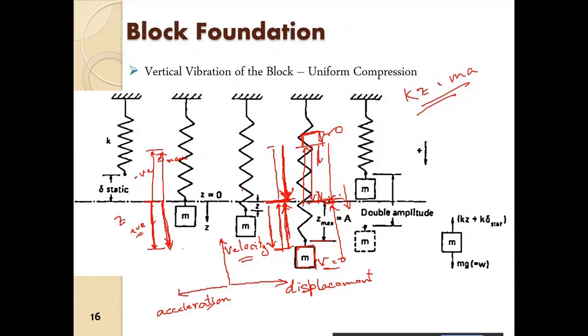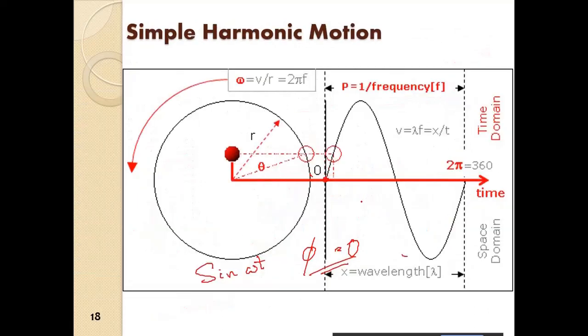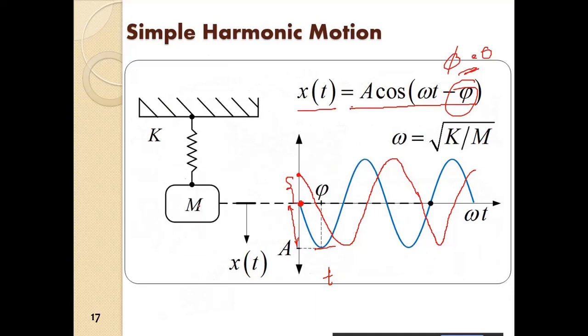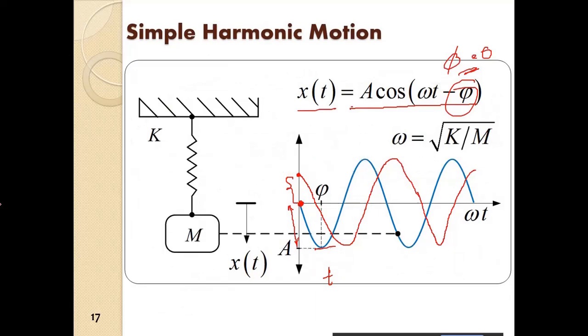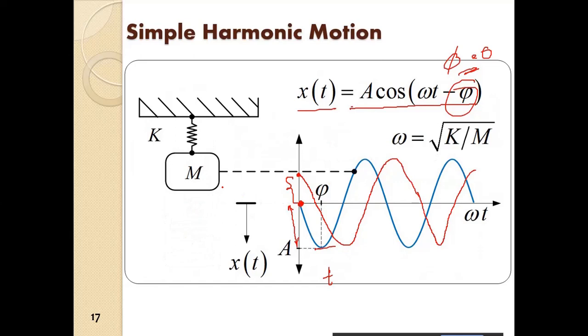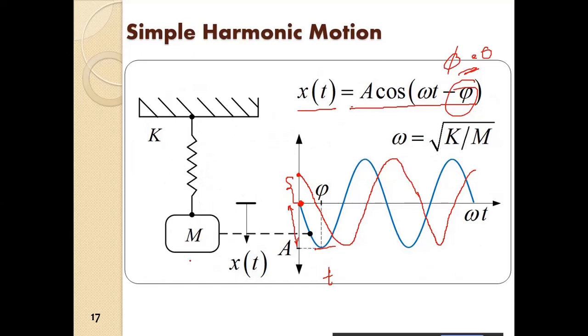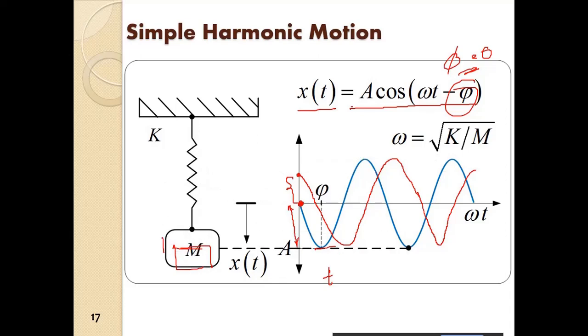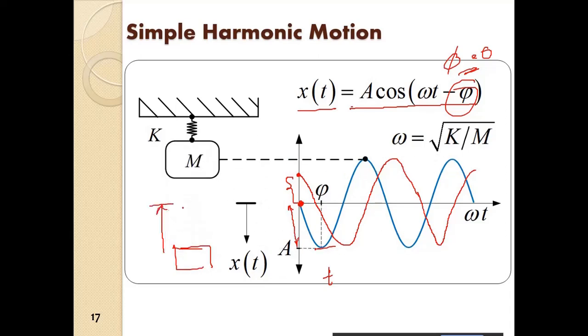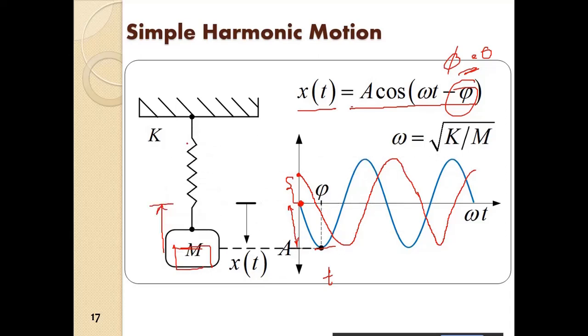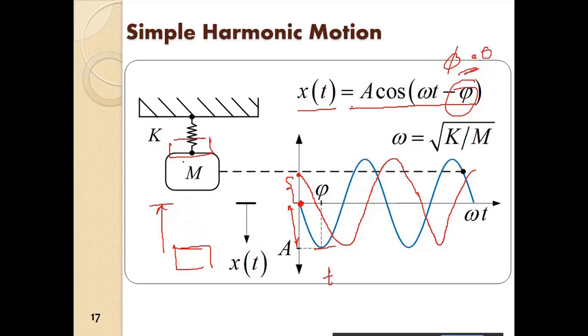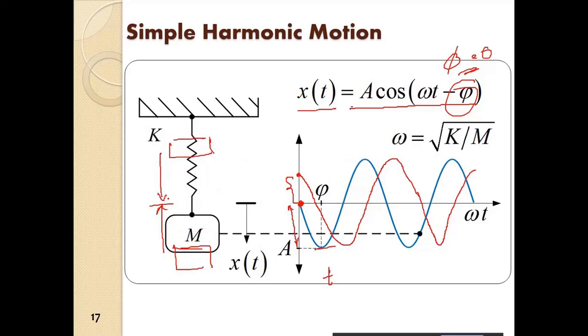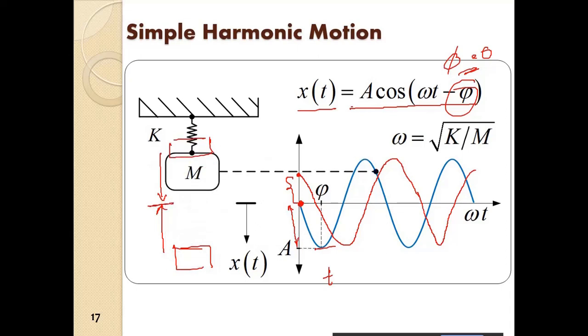So when there is a particle, it is stopping at this point, and the velocity is increasing up to this point. Then again it is stopping at this point, and then again the velocity is increasing. So the velocity is maximum at this point.